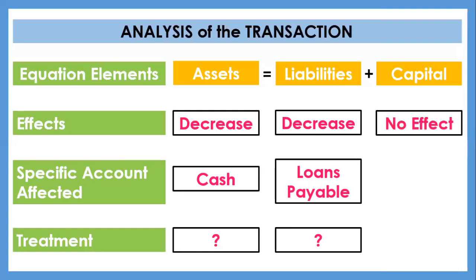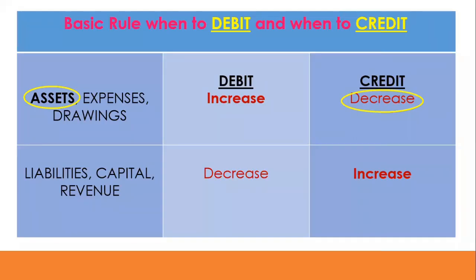And so how do we treat our transactions then? Which account will be debited and which account will be credited? In order for us to better answer this question, we need to go back to the basic rule. As you can see on the basic rule, when to debit and when to credit tabulation, since cash is an asset and our asset decreased, that means we need to credit our asset cash.